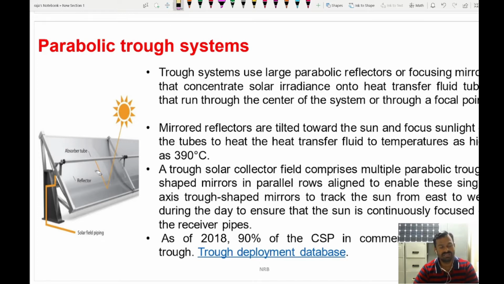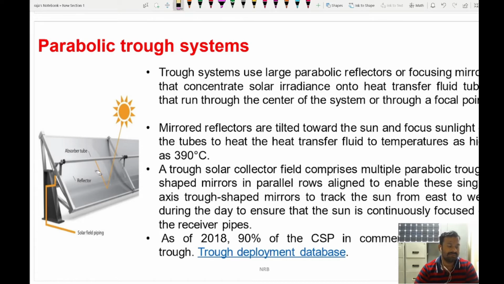This heat energy is used to produce high pressure steam, and using the high pressure steam we can propel the turbine, and the turbine is coupled with the electrical generator, and the electrical generator produces the electricity.